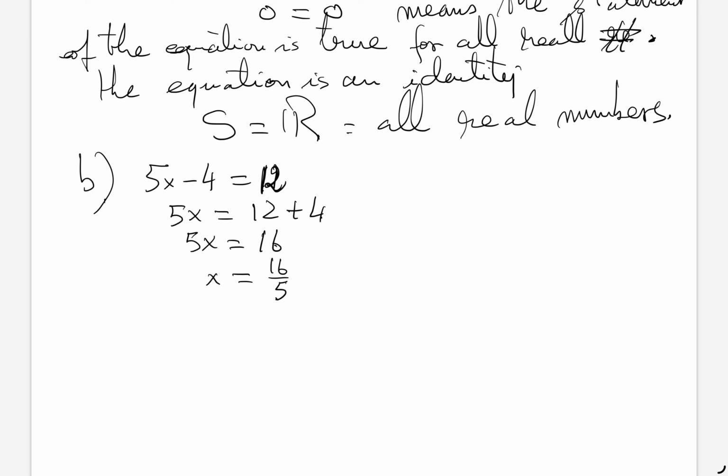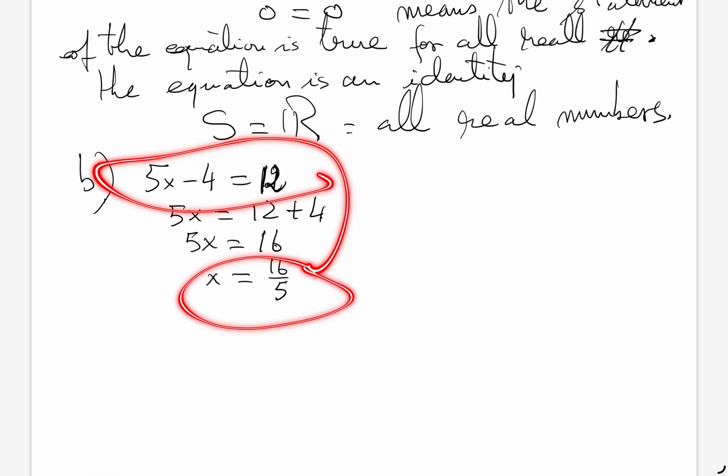So what does it mean here? You have only one solution. You only have one x that satisfies the equation. So there is no other x such that it satisfies the equation. No. There is only one, x is equal to 16 divided by 5, and this one will satisfy that equation, okay?